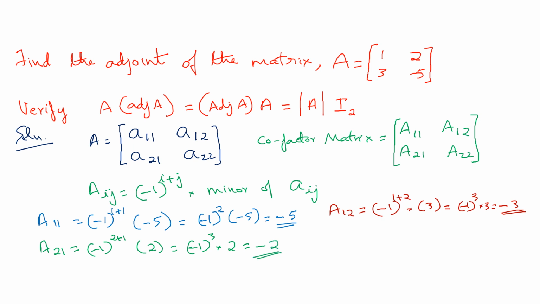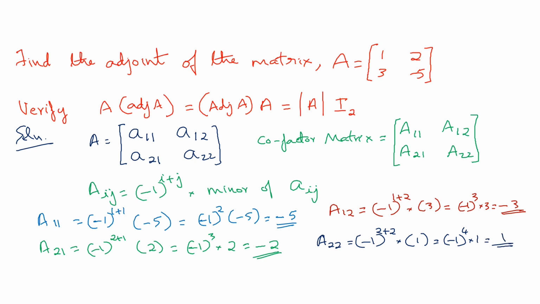Then the last cofactor, A22. A22 is minus 1 to the power 2 plus 2 into the minor of minus 5, which is 1. Minus 1 to the power 4 is 1, into 1, so you get 1.